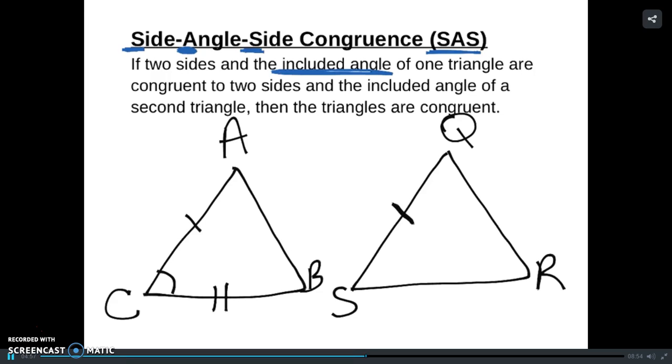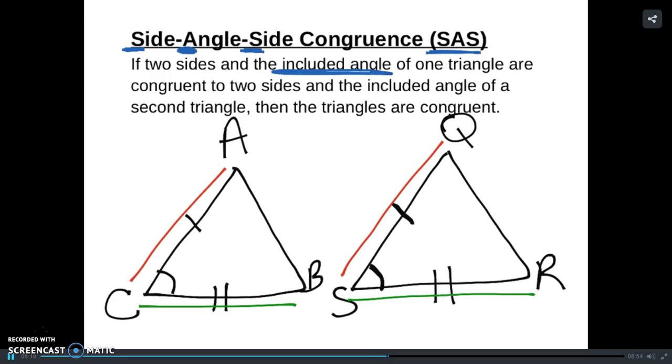So on this one I have QS and SR, which have the congruency markings, and the included angle there is S. Okay, so if we look, I have AC is congruent to QS, and I have BC is congruent to RS, and I have the included angle C over here is congruent to the included angle S over here.